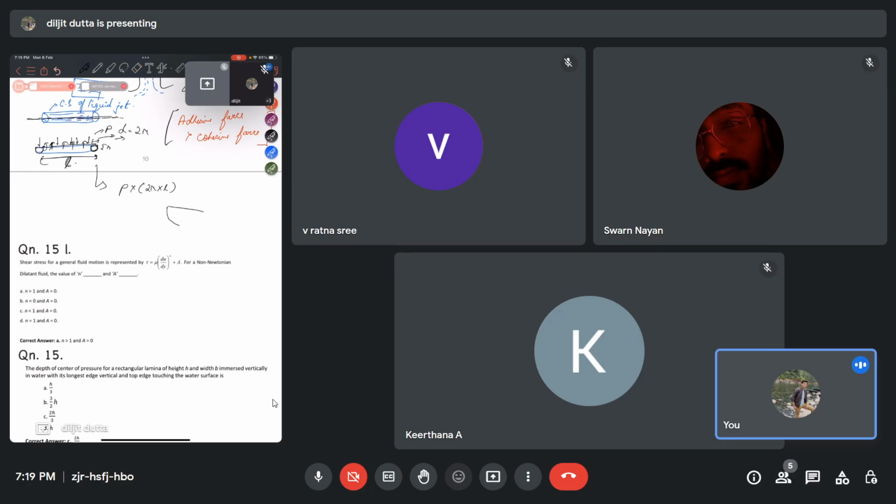Take this section, so this is R, R, L, and the pressure force is acting throughout, and surface tension will be acting only on the sides.